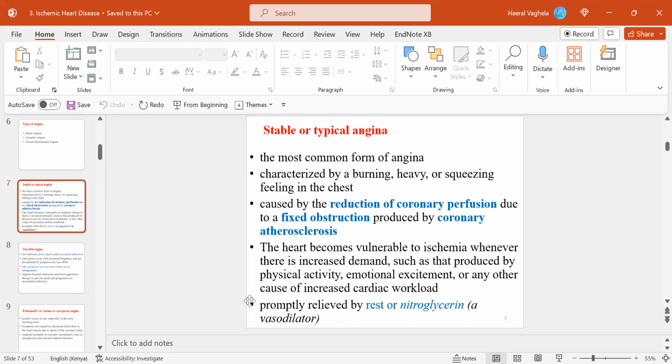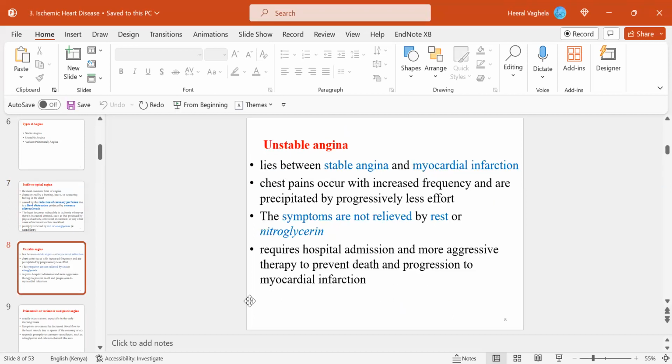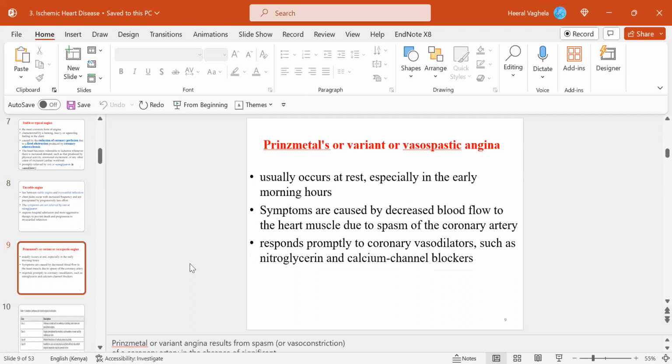It is relieved by rest or by taking nitroglycerin, which is usually given sublingually. Unstable angina is not relieved by rest or nitroglycerin, and it usually requires hospitalization because it's the stage in between stable angina and myocardial infarction. Then for variant angina, you take either nitroglycerin or calcium channel blockers.